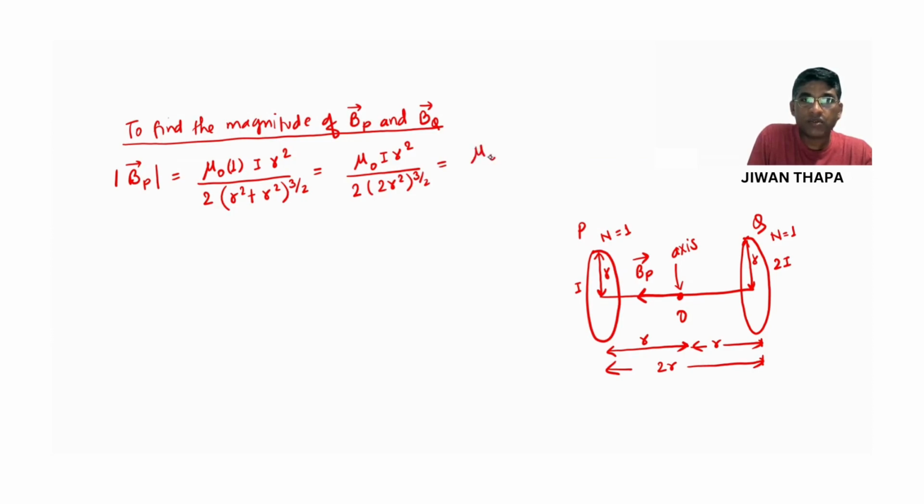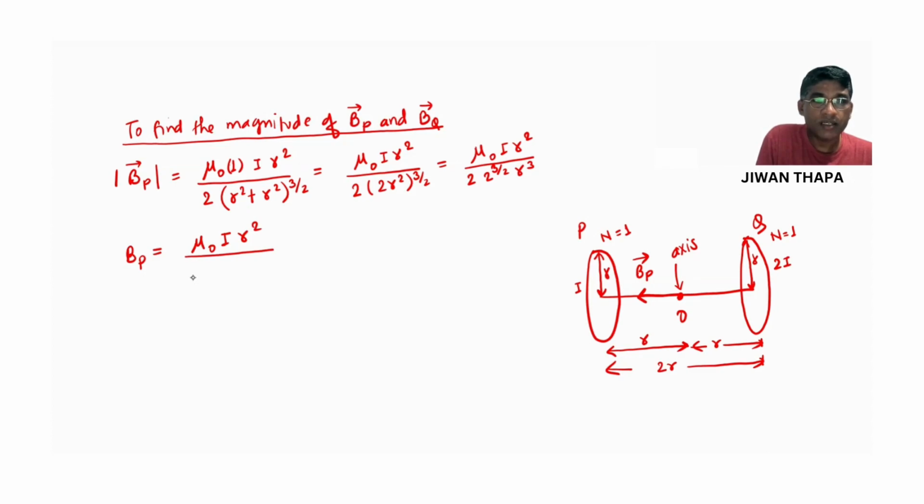So let us simplify this. Mu naught I r square by 2, and we have 2 power 3 by 2, and we have r cube. Clear? We have this. Now, what we can do is that, okay, so I'm writing in this way, okay, mu naught I r square by 2, and we have 2 and 2 power half.